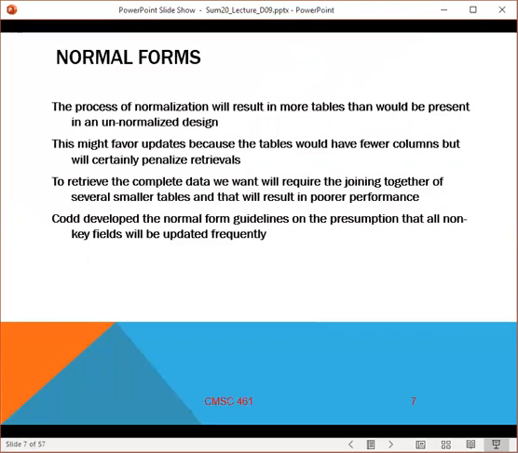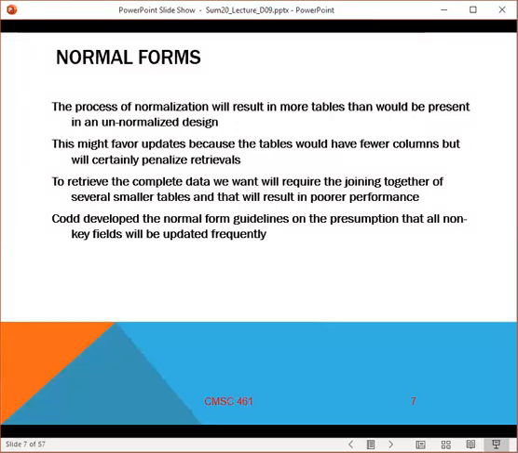A second normal form is an entity whose non-primary key attributes are dependent on the full primary key. This comes into play when we have a primary key composed of more than one attribute. So if some of the non-key attributes are dependent on only part of that composite primary key, we're in violation of second normal form.